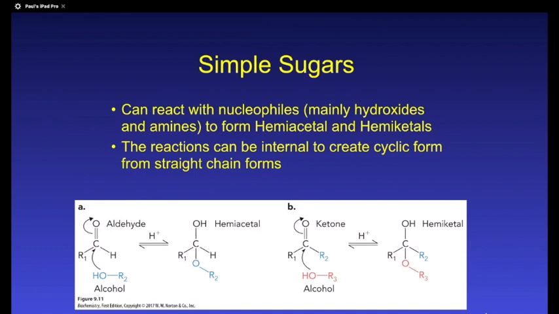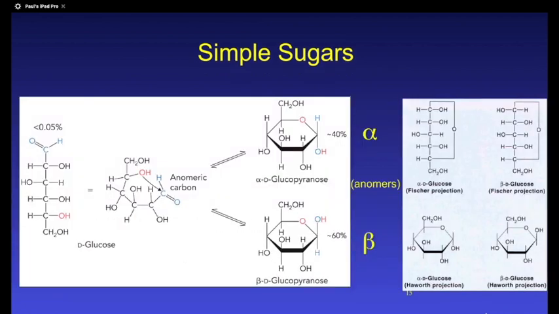And this is how we're going to attach sugars in long polymers. So this reaction is reversible, because the hydroxide that is formed can be deprotonated, reform the ketone, and the alcohol can fall off. So this is a reversible reaction, but this is how we hold sugars together.